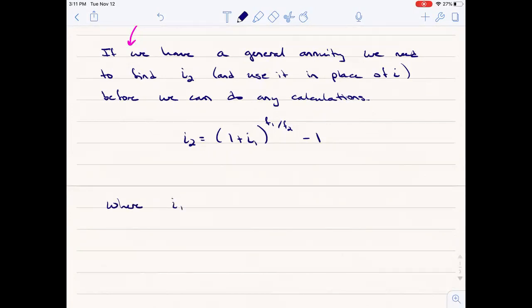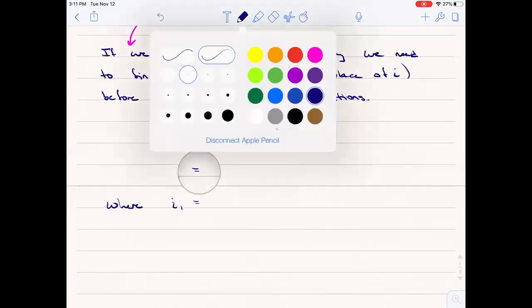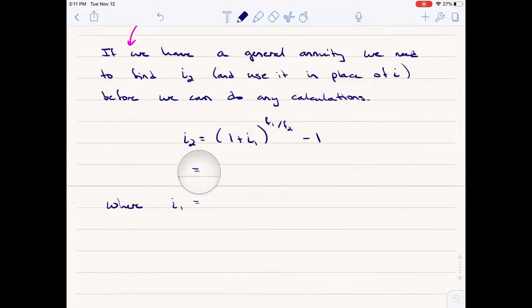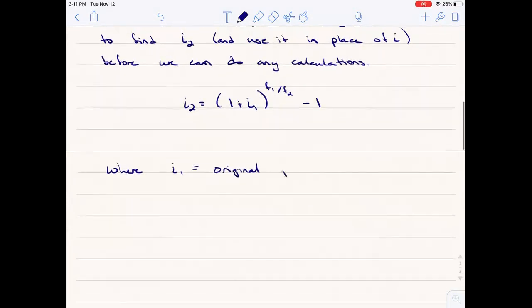Where I1 is the original periodic interest rate. So that's the one that we've been finding so far for compound interest, right? We have to find I before we can go ahead and do any calculations. Now we have to find I1, and then we have to find I2.